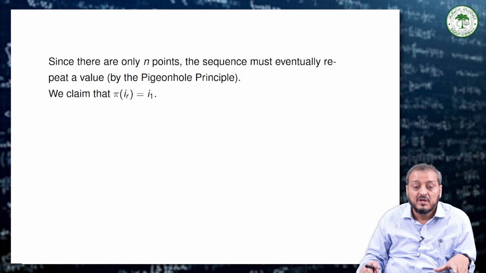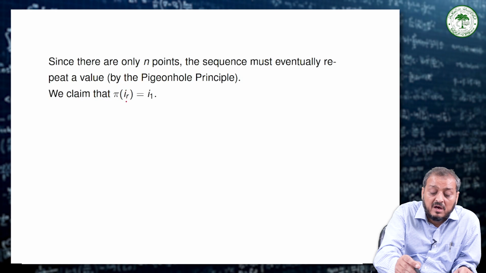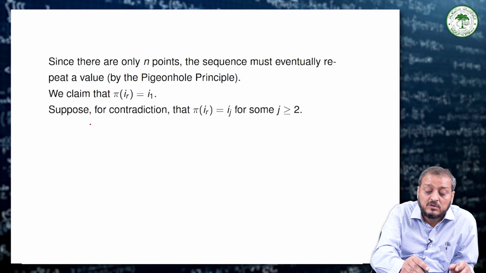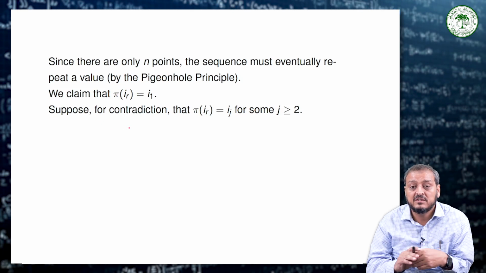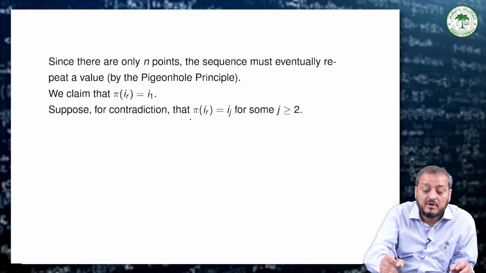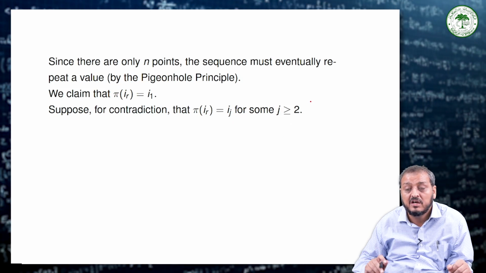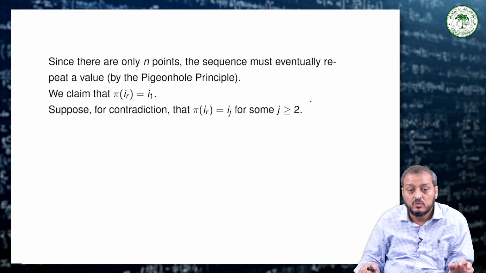We claim that pi of I_r is equal to I1. Suppose for contradiction that pi of I_r is equal to I_j for some j greater than or equal to 2.